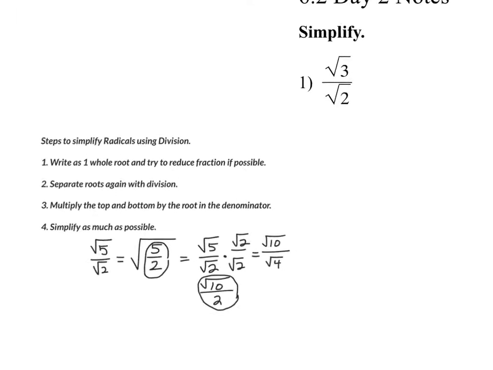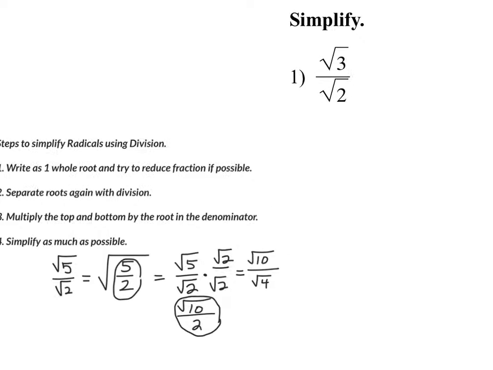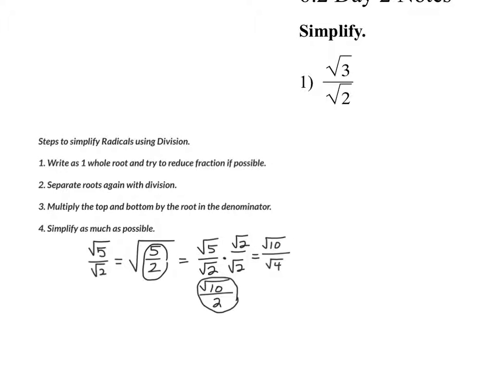So let's take a look at number 1. I'll try and leave those steps up there so you can see them. I have the square root of 3 over the square root of 2. First of all, is there a number that goes into 3 or 2? No, there's not. Because there's not a number that goes into 3 and 2, I'm not going to write this as one whole root. So I'm going to skip to step number 2, it's already separated.